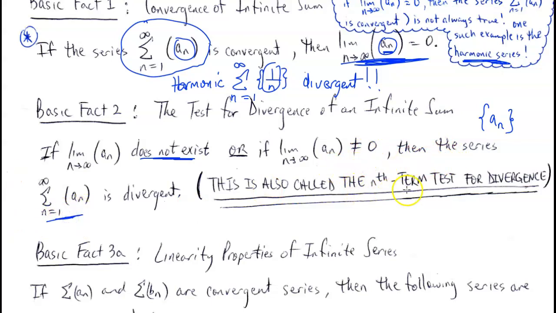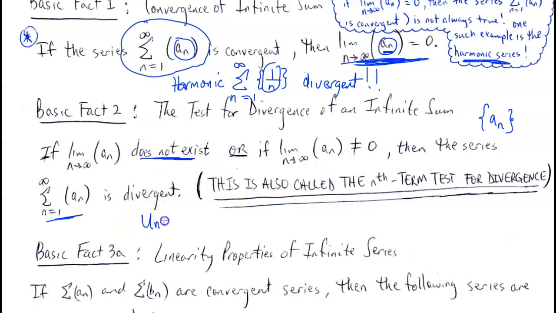This is also called the nth term test for divergence. What I've done is take the way that most textbooks say it and break it out here. So I'm going to say it like most textbooks will say it.